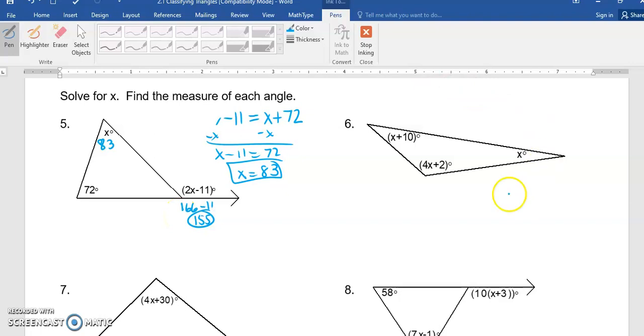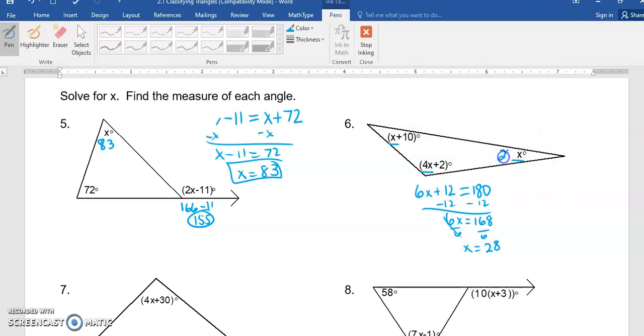This one is just using the triangle sum theorem. They have to all add up to 180. So 4x plus 1x plus 1x is 6x plus 12 equals 180. When I subtract 12 from both sides, 6x equals 168. Divide by 6, and x equals 28.